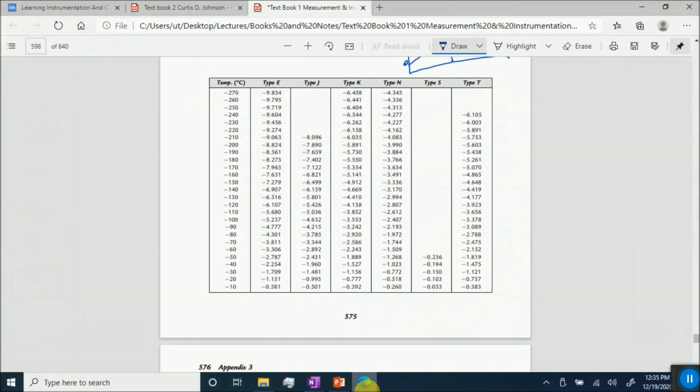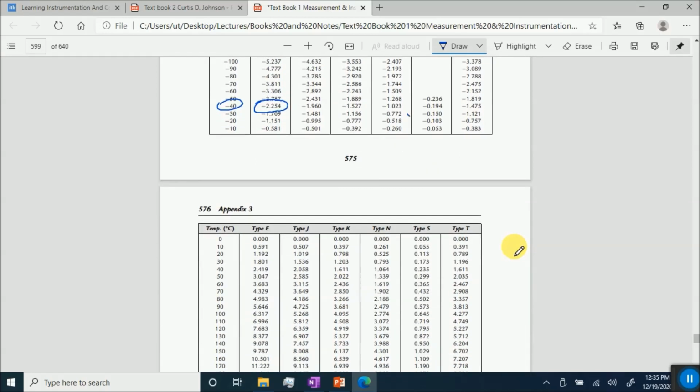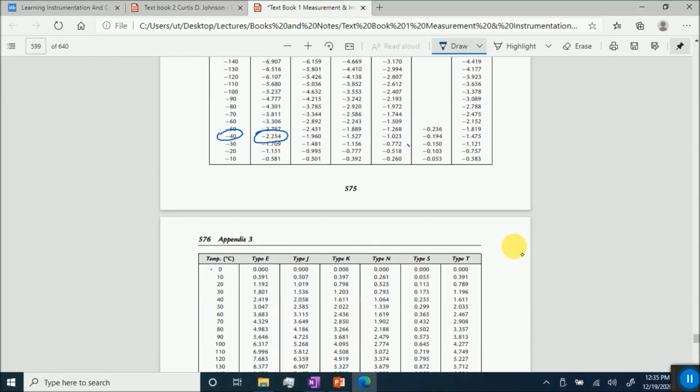For example, here we can see that at negative 40 degrees, your type E was giving an output voltage of negative 2.254 millivolts for a reference of 0 degrees Celsius. And at 0 degrees Celsius, all of these types have a 0 volt output because your Tr and Tm were at the same temperature. So that confirms that your Tr was considered as 0 degrees for making these tables.